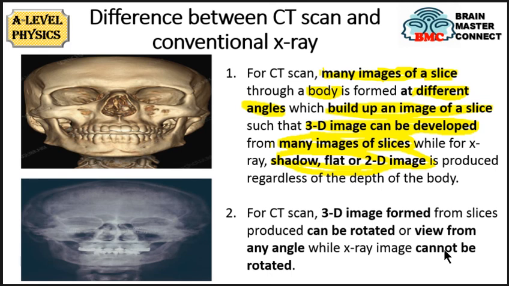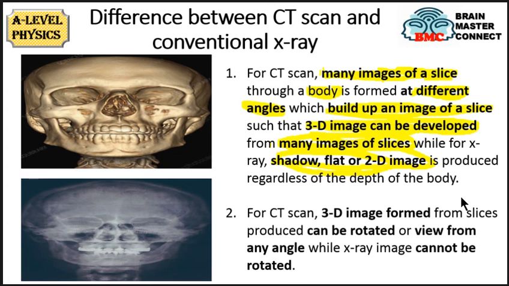Now, one of the reasons why we have many images formed from a CT scan before finally yielding a 3D image is because the CT scan involves a greater exposure of the body to X-ray beam, while an X-ray image involves a single exposure.